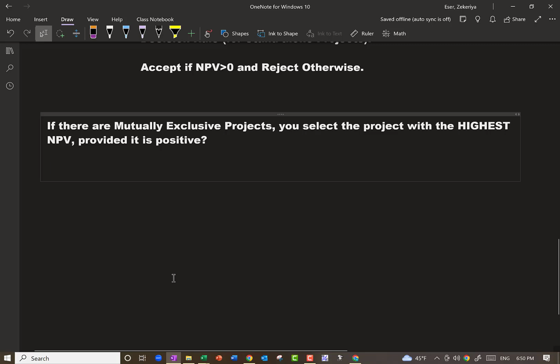Now, one alternative is another criteria. In the book, this comes later, but it's called profitability index, or PI for short, and let me write the formula for that.